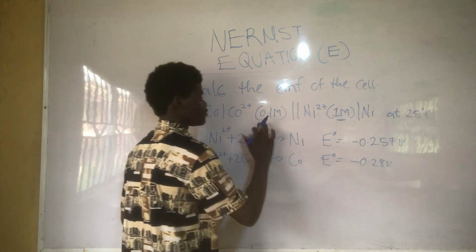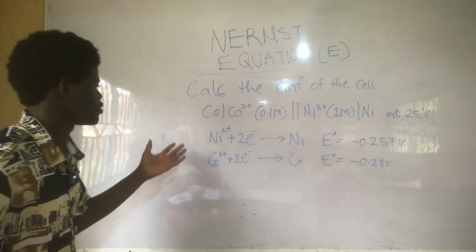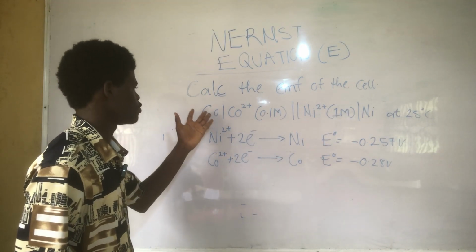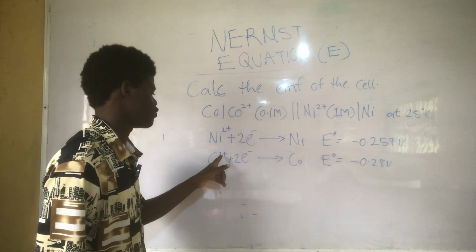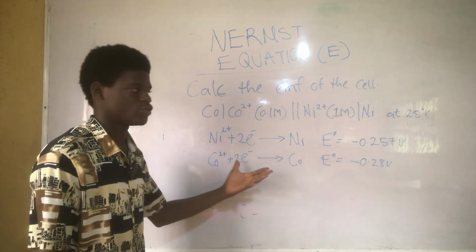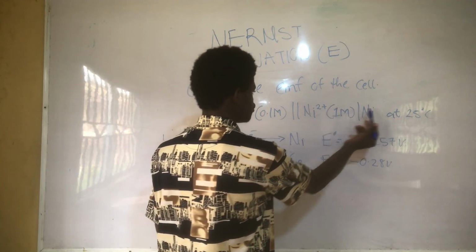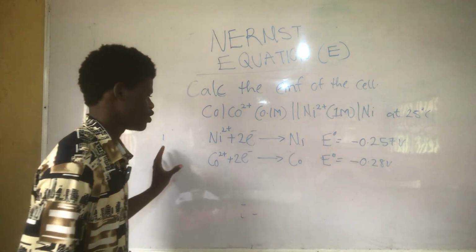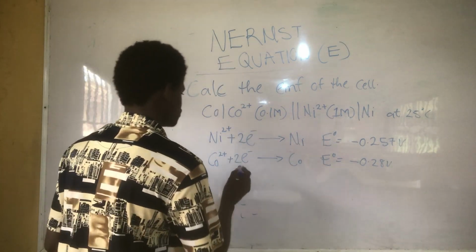So let's dive into it. Now, if you look at this, your cobalt is moving from plus two to plus one. Then I need to restructure this. But if you look at nickel, it's moving from plus two to plus one, that means it's still the same. So let's just restructure this equation and do it.